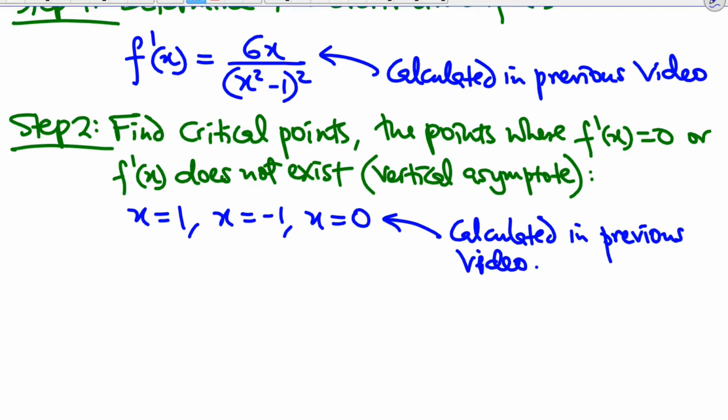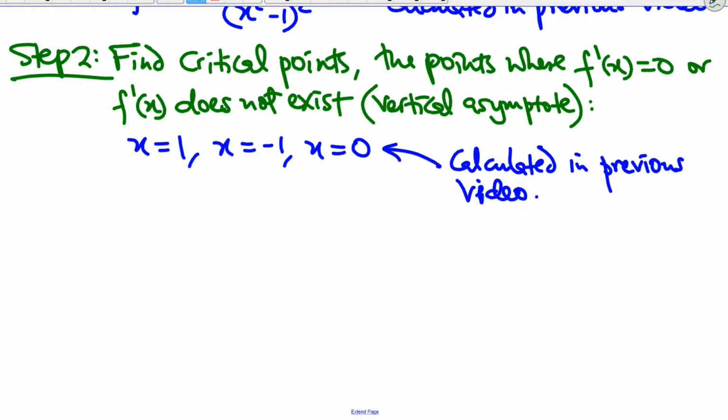Step 3, we need to evaluate the derivative between or on either side of the critical points. Now you have to be careful with that because some critical points are asymptotes, but I'll show you what to do.